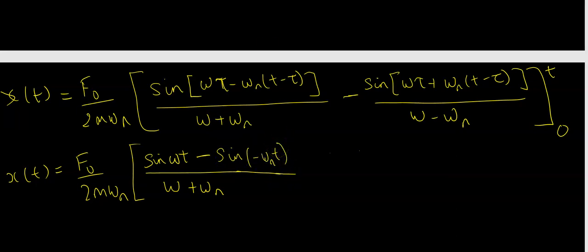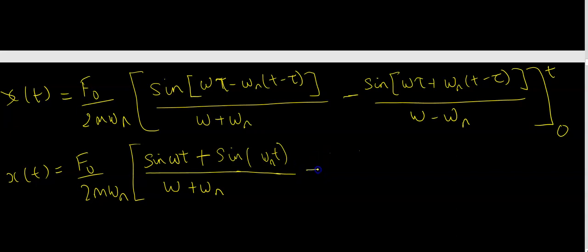And at this point I'm just going to take a little shortcut one time, because sine of minus omega n t is really minus sine omega n t, so I could just get rid of this minus sign here, bring it on the outside, and this sort of becomes positive. So I'm going to take that shortcut, but you can slow the video down and do it yourself.